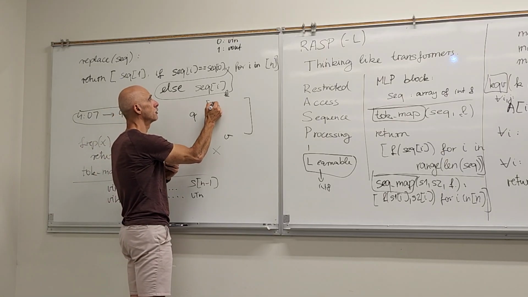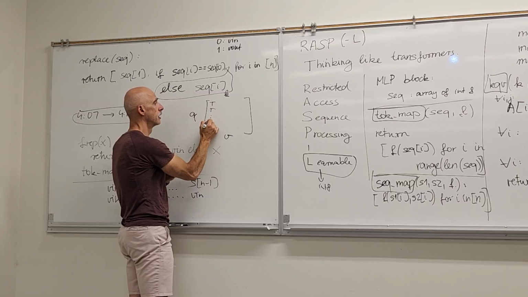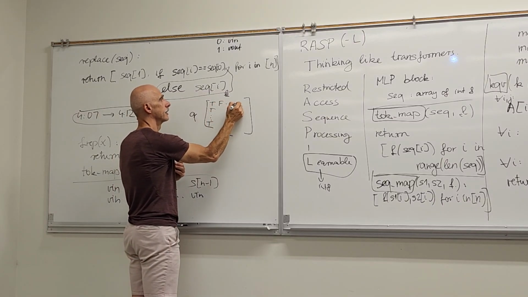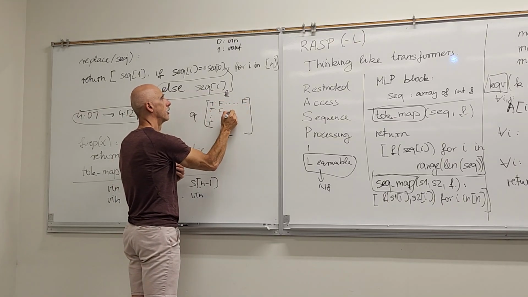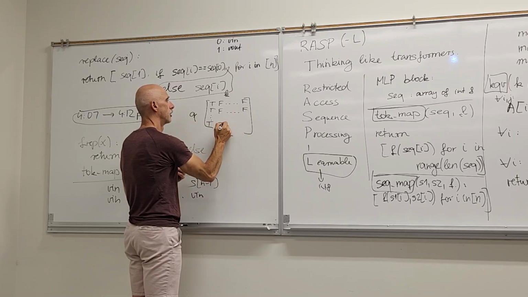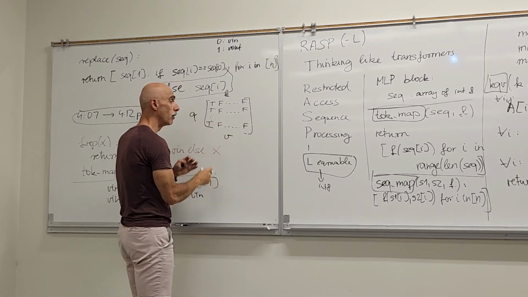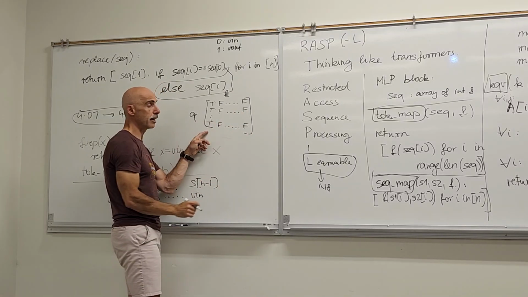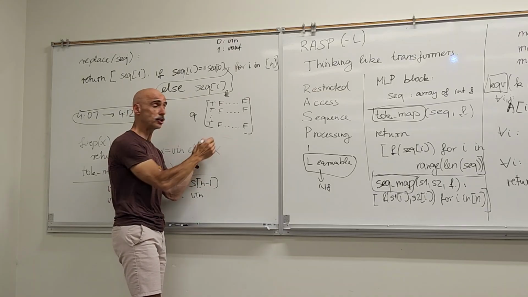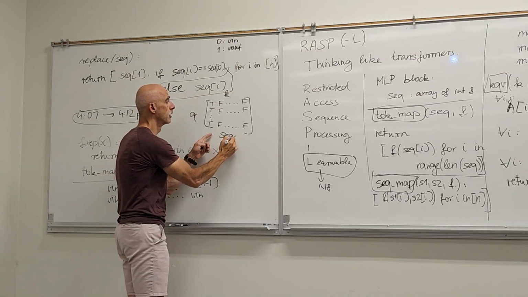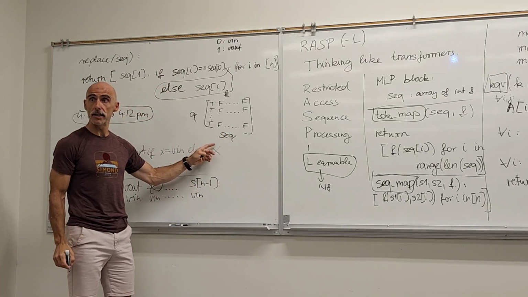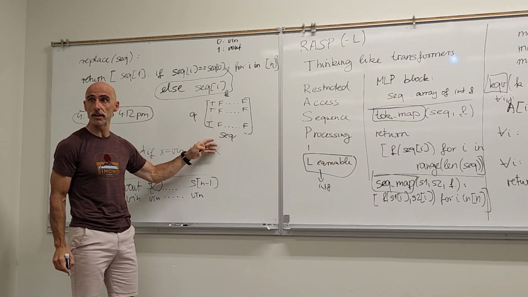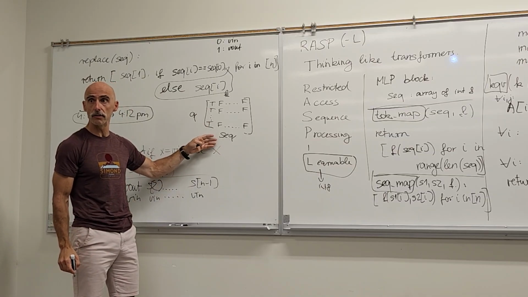So somehow I want to construct an attention matrix that looks like this, right? Once I have done this, I put in the values, just the original sequence. If I have this attention matrix, in the output, what am I going to see?